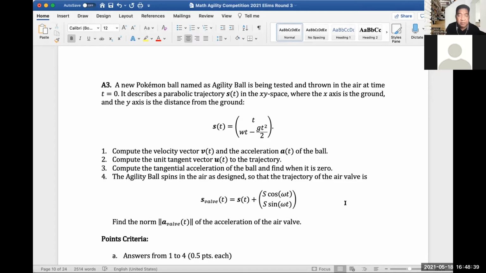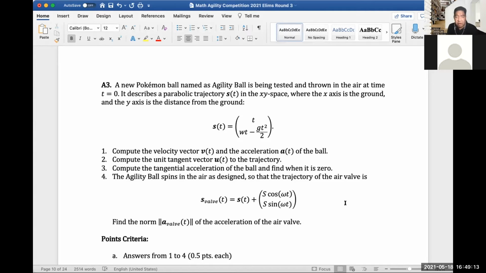Let's read first all the requirements. The second requirement is to compute the unit tangent vector u of t to the trajectory. The third requirement is to compute the tangential acceleration of the ball and find when it is 0. And fourth, the Agility Ball spins in the air as designed, so that the trajectory of the air ball is s sub ball of t equal to s of t plus the quantity (s cosine omega t, s sine omega t).